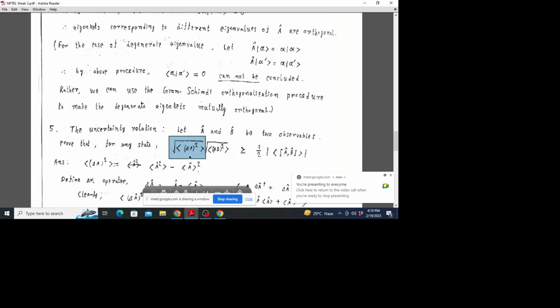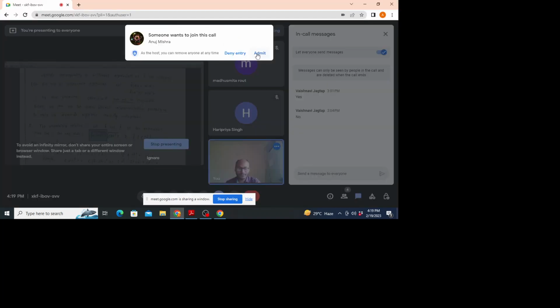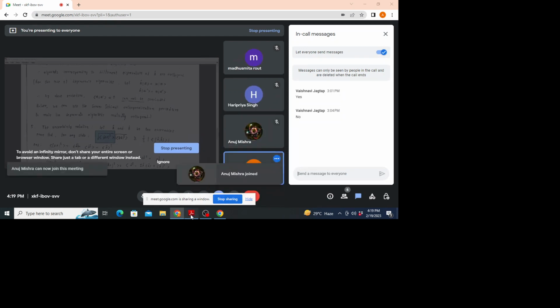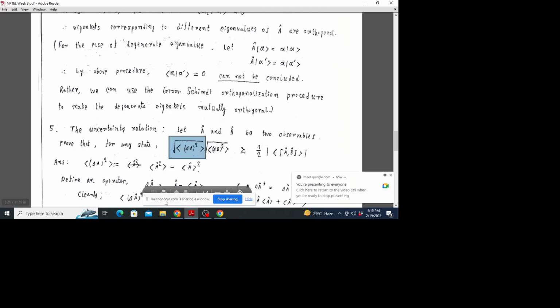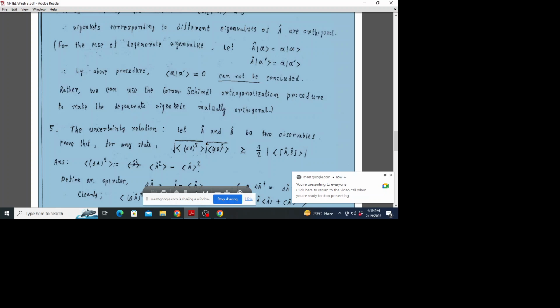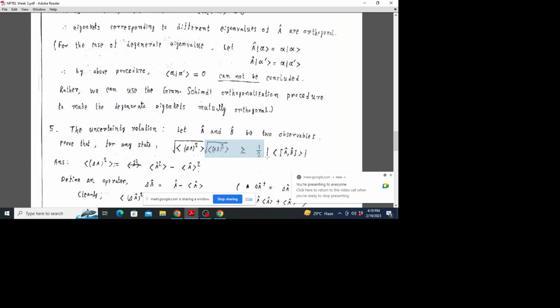Uncertainty in the measurement of A. So this is the uncertainty in the measurement of A, this whole thing. And similarly, this is the uncertainty in measurement of B. And this is the modulus of the expectation value of the commutator of A and B.